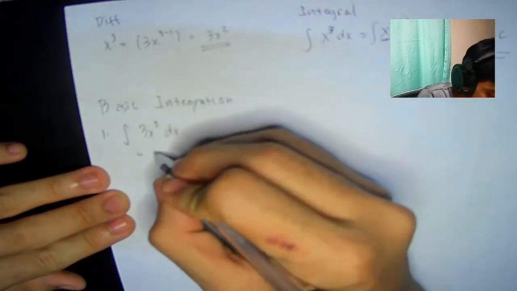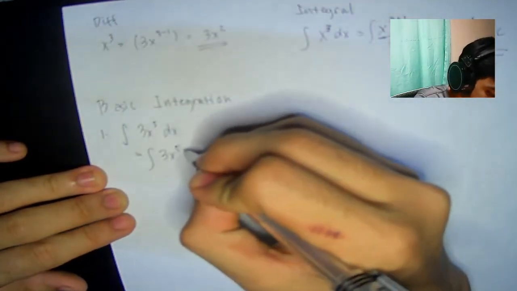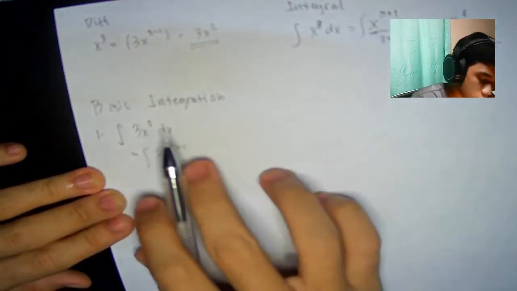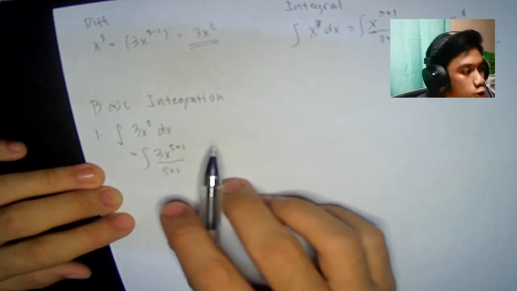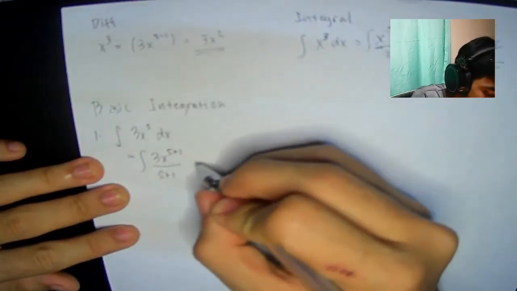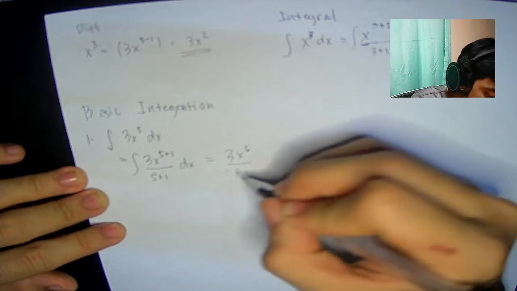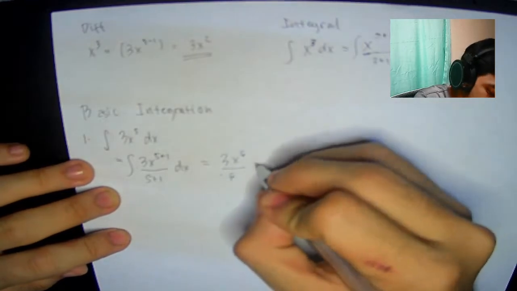What are we going to do next? We have the exponent plus 1 over 5 plus 1. Just copy the exponent, add 1, and make it also your denominator. So it equals 3x to the 6th over 6. Do not forget to add your constant, plus c.